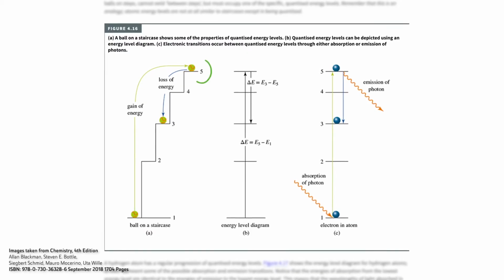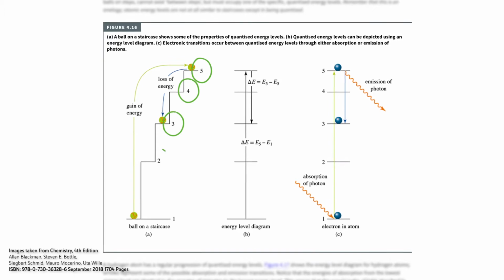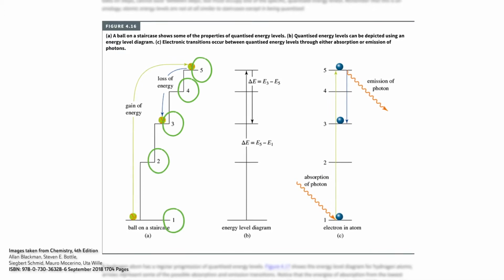We could use an analogy here of a ball on a staircase. A ball on a staircase can only have certain particular energies. It can only be resting on a particular stair, can't it? It can't exist between 2 stairs.